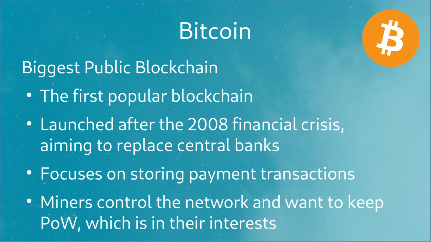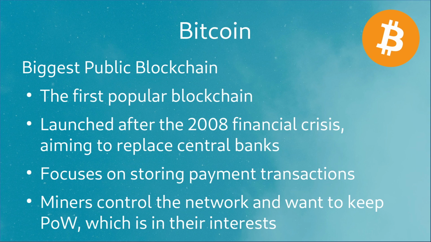And the consensus mechanism of the Bitcoin network is proof of work. This will not change in the foreseeable future, and that is because the miners have the decision power over the Bitcoin network. The miners have invested in hardware to do proof of work, and they get all the rewards for the proof of work consensus mechanism.